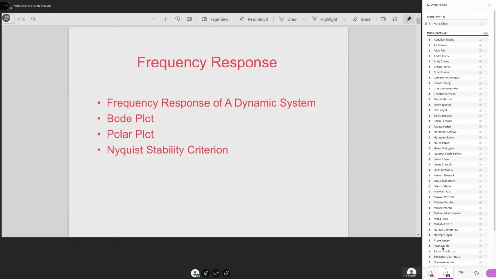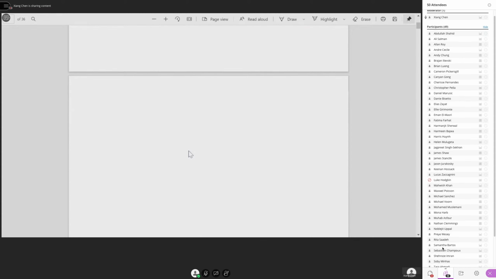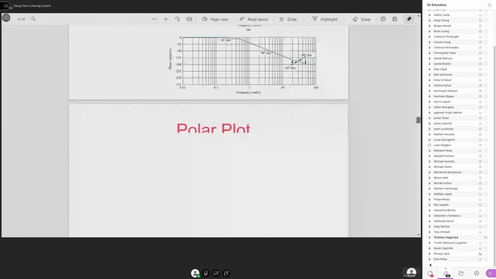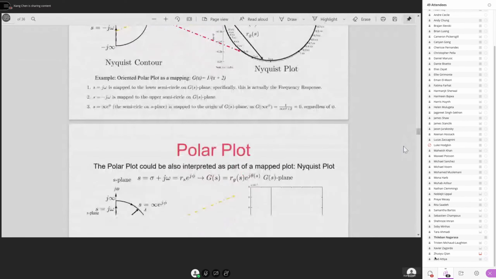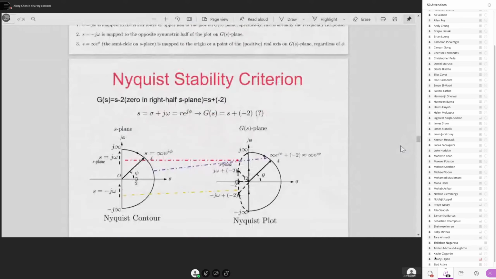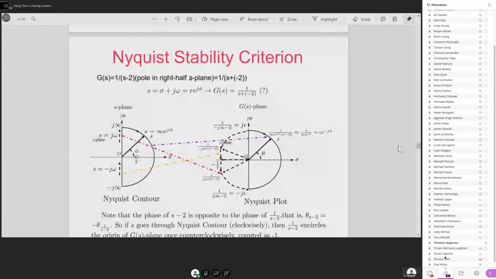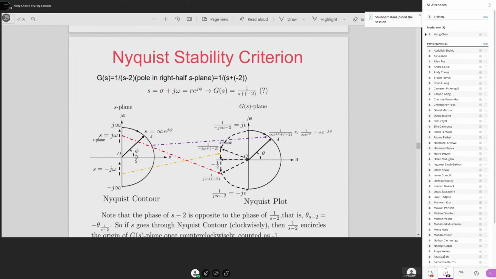So let's see. We're gonna move to the Nyquist stability criterion, right? Okay. In the last class, we talked about how to evaluate the poles and zeros in the right and the left half plane, right?